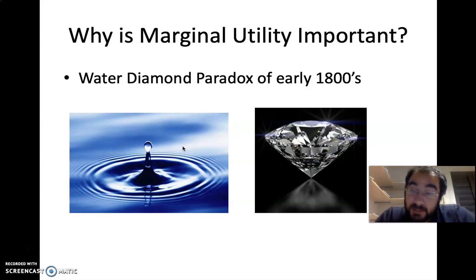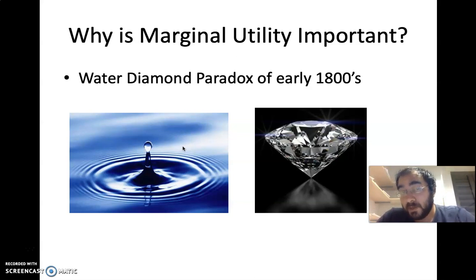Marginalists answer the question by building the connection in this way. They say, look, the prices of these two goods are not connected to their average use value. They are connected to their marginal use value.